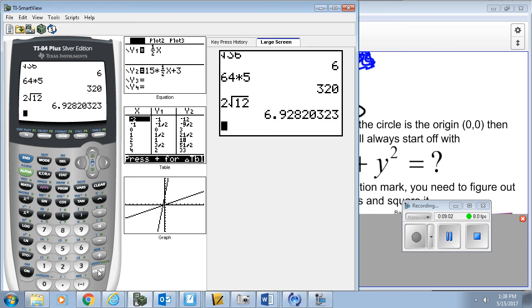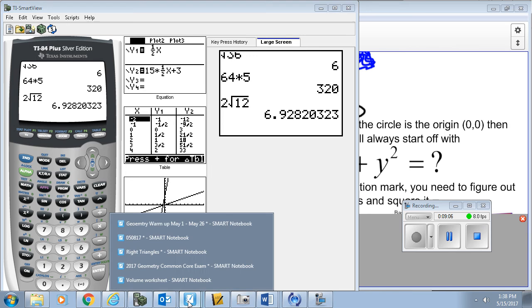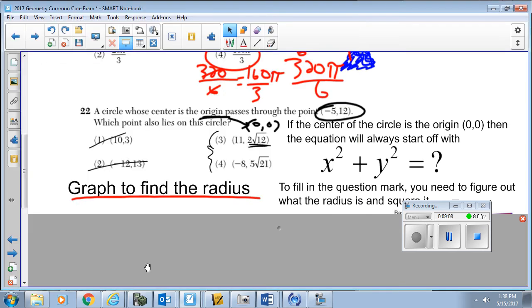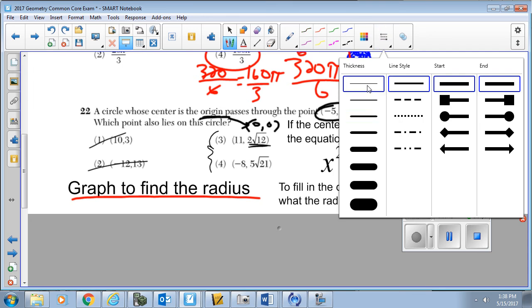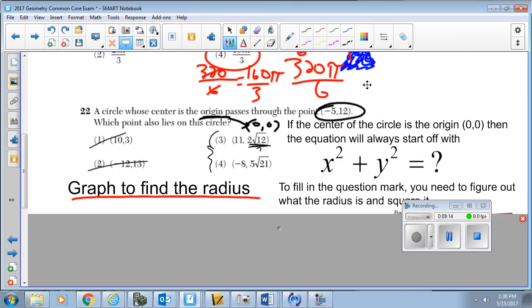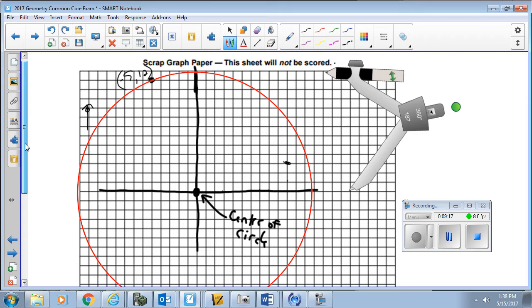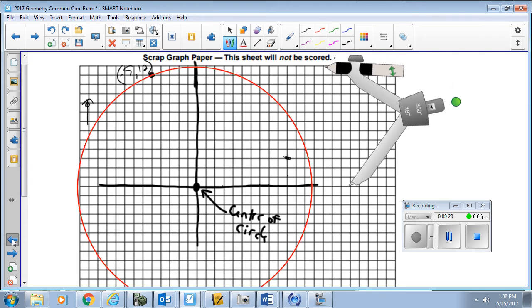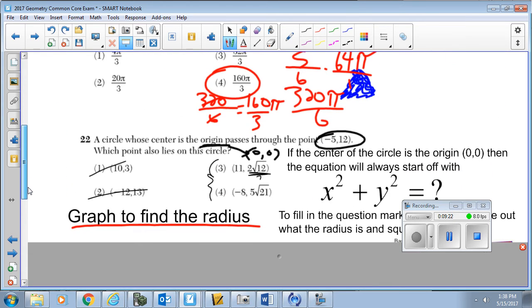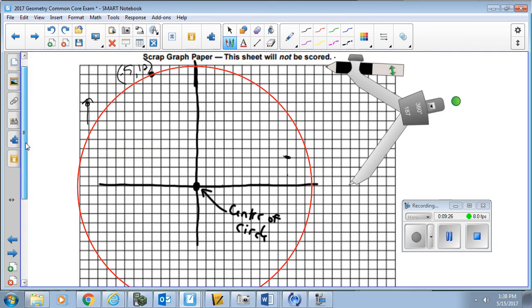That's almost 7. So basically we're checking 11, 7.